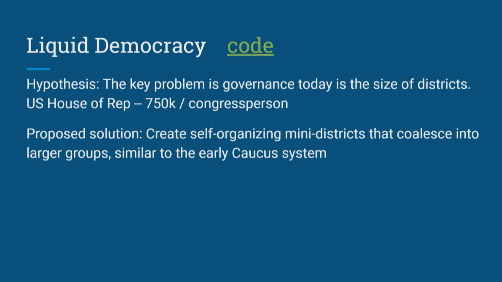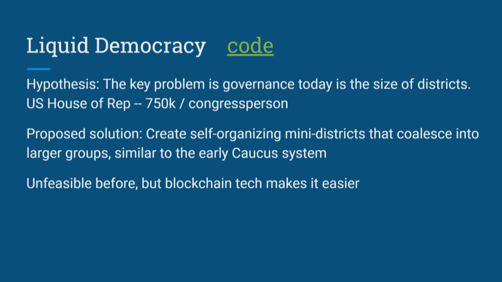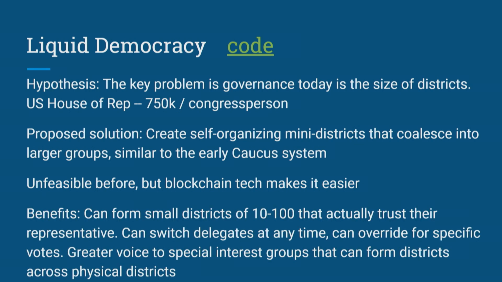So the proposed solution is you allow people to organize in self-described little mini districts, and then you allow those mini districts to coalesce up and up, kind of like the caucus system worked in the early days, where you would put 100 people together, they would elect a few to go to the next level, and so forth. It got impractical once population got too high, but with technology like Ethereum, it's actually pretty easy.